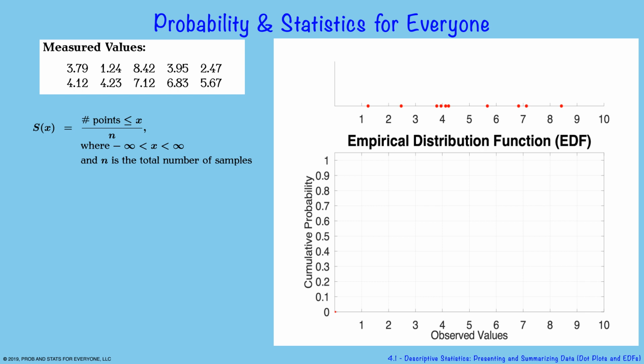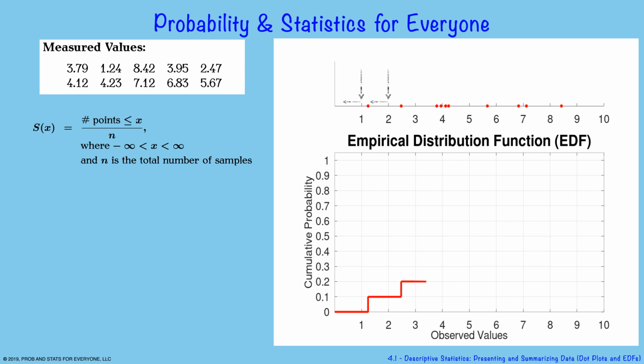For example, if we look at the dot plot, we can say that the number of samples that are less than or equal to 1 is 0, because the lowest value in the measured data isn't until 1.24. On the other hand, there is 1 point less than or equal to 2, and with a total of 10 data points, the fraction of sample points less than or equal to 2 is 1/10.